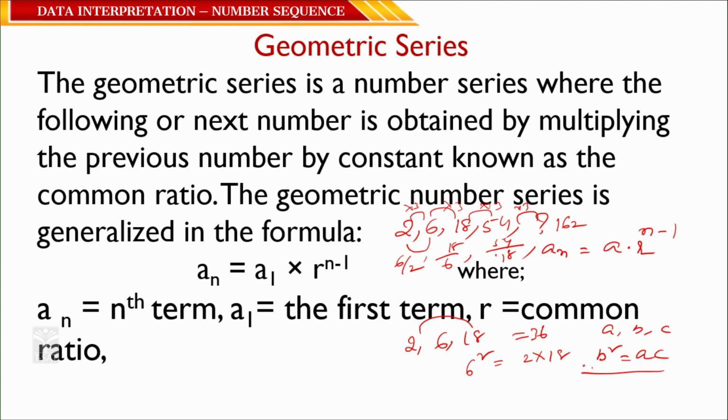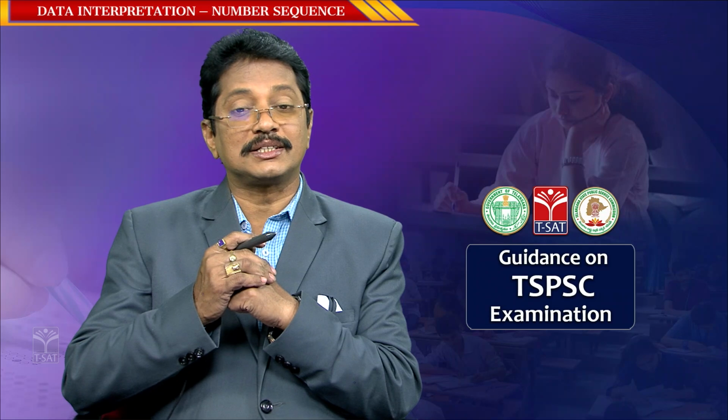Here B is called the geometric mean, or B is equal to root AC. B is called the geometric mean, GM. So the geometric mean of the 3 numbers A, B, C which are in geometric progression is B equals square root of AC. This is one more important relation.